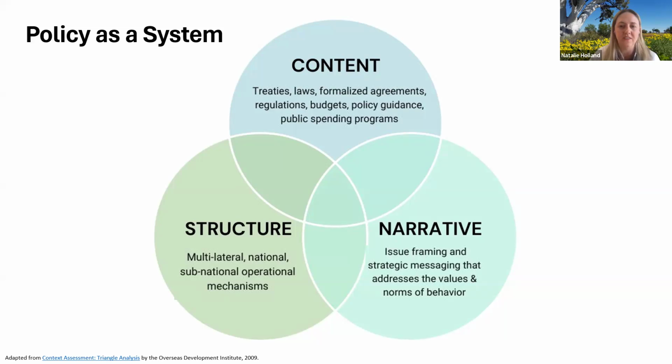So this is the agencies, the departments that are responsible for implementing the content and the way they go about doing that. And the final one is the narrative. So this is issue framing and strategic messaging that initially describes what that narrative is currently, but also might be, well, how do we want to change that narrative?